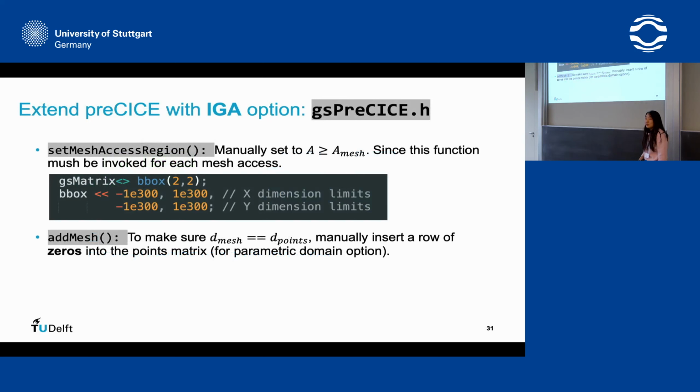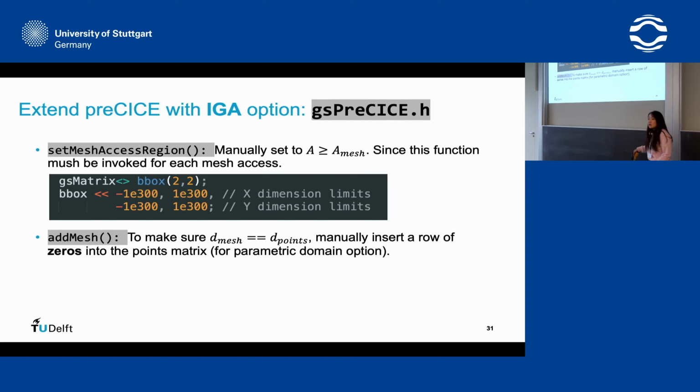We have to do some sketchy stuff to make our method work with preCICE. For example, we have this set mesh access region. Because our mesh is super small, it's only maybe one row or two rows for the node vectors, so we want to have the entire mesh every time. So we set this bounding box to -infinity to infinity.